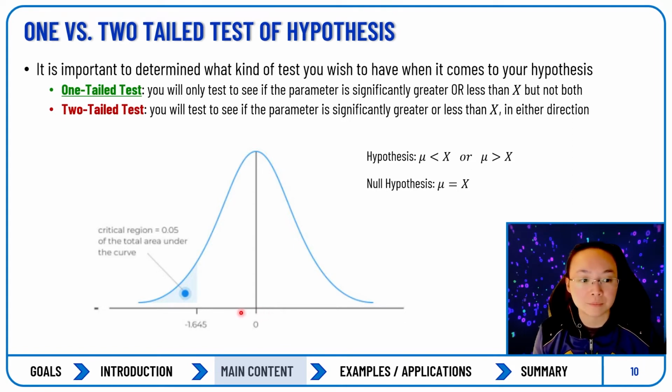In that case, anything outside of this standard deviation is going to be called our rejection region. So if I have a confidence interval of 95% and I'm trying to test whether mu is equal to x, then that means with 95% confidence, I want to make sure that my value falls within this region.